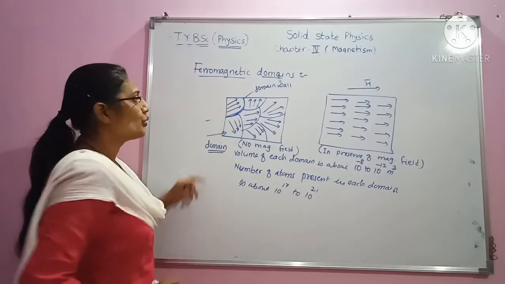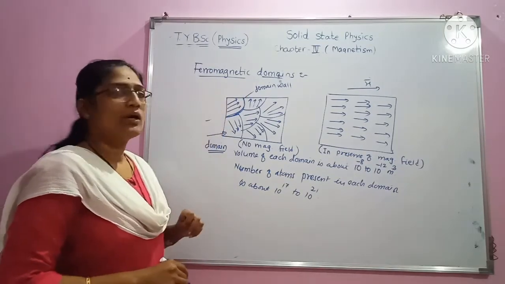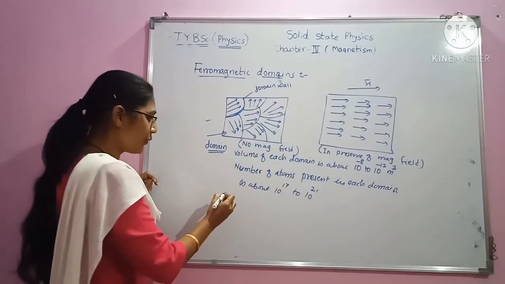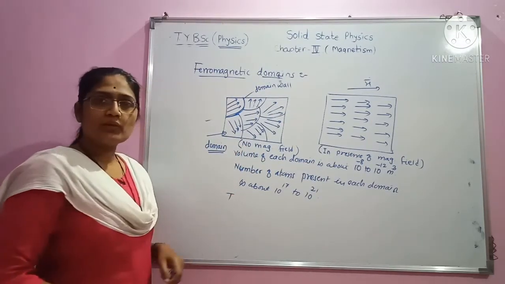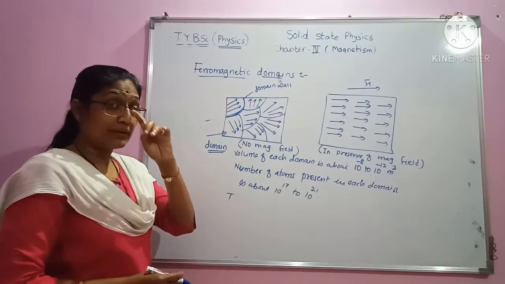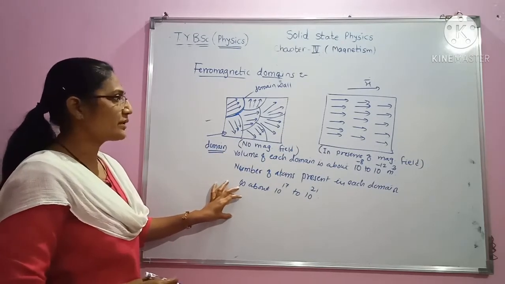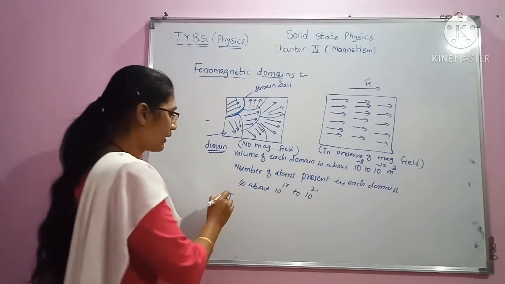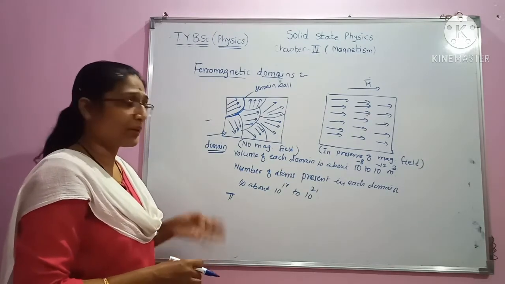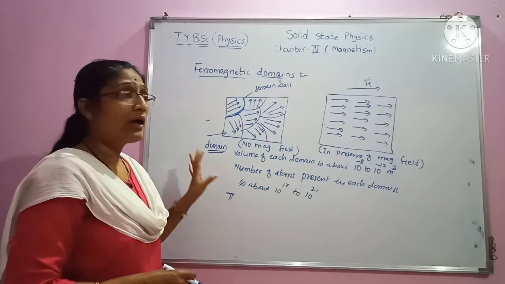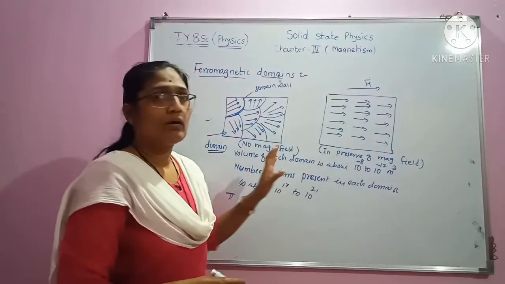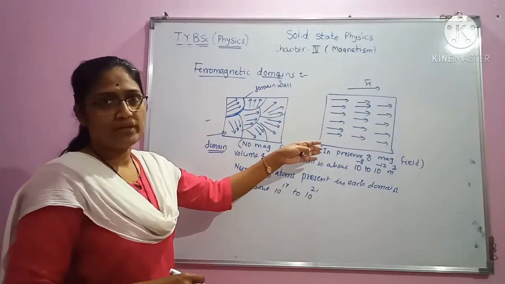This is what a domain and a domain wall are. At normal temperature, the thermal agitations, that is, the thermal vibrations produced at room temperature, are not sufficient to destroy this alignment of the domains.